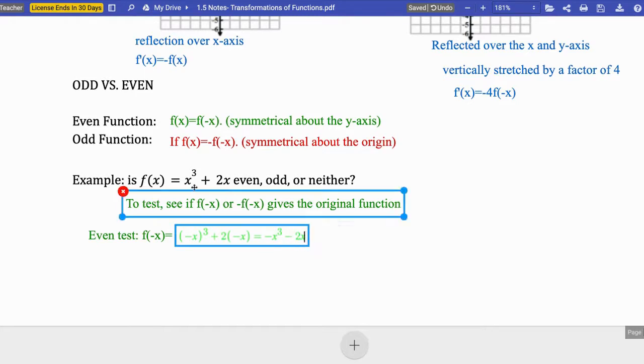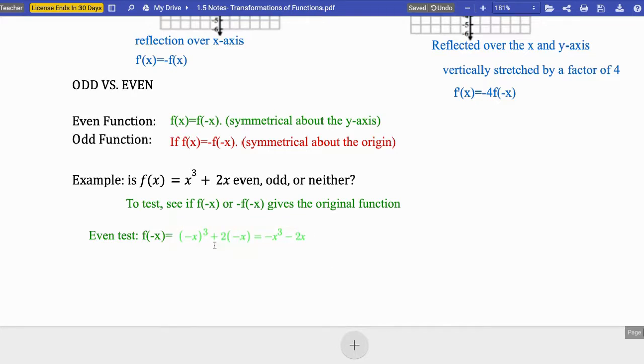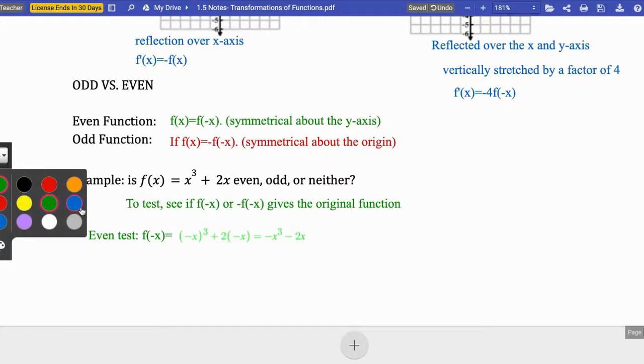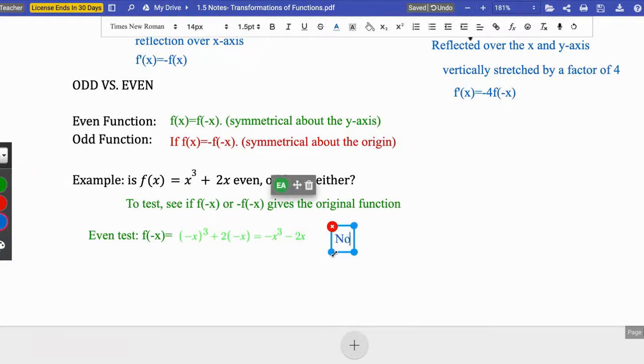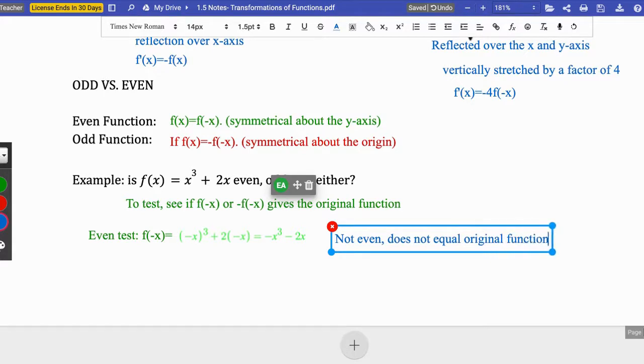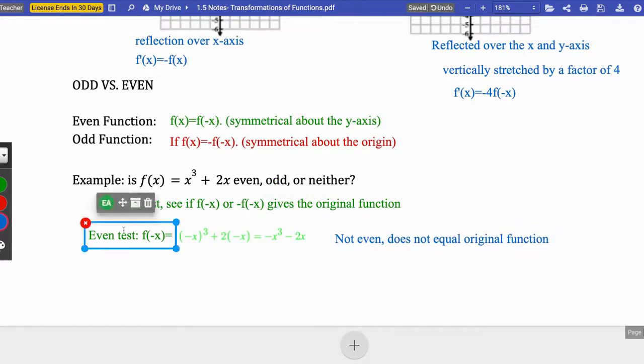And this is not the same as x cubed plus 2x. So since it's not the same, it is not even. Not even: does not equal the original function. So it failed the even test.